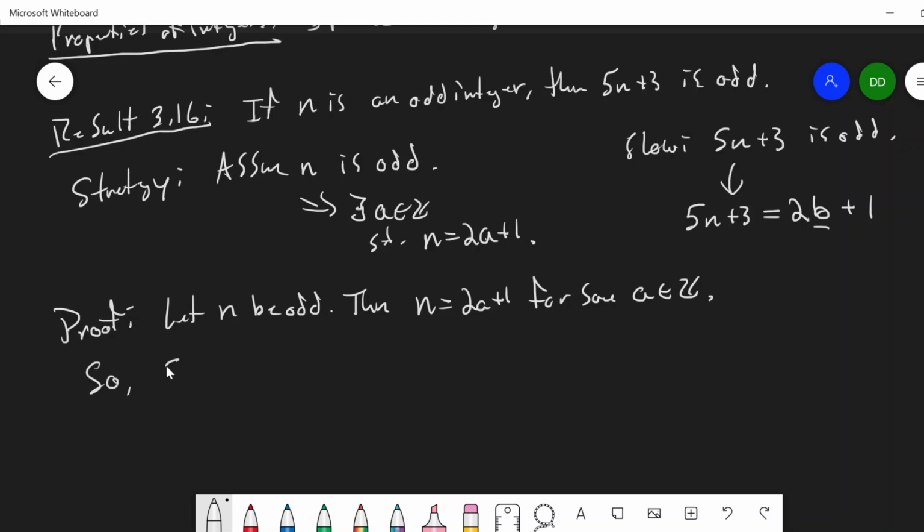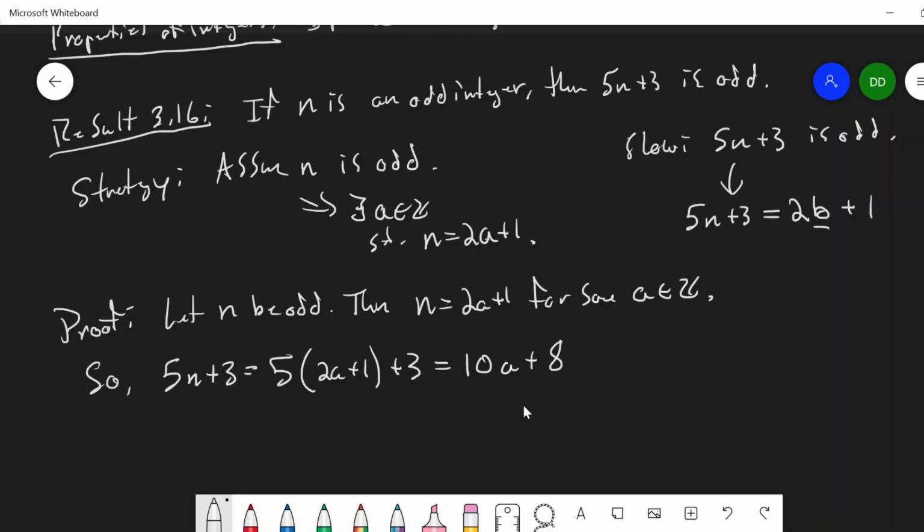So 5n plus 3 is equal to 5 times (2a plus 1) plus 3. And now I'm just going to do some algebra, simplify this. This is 10a plus 5 plus 3, so that's 10a plus 8.